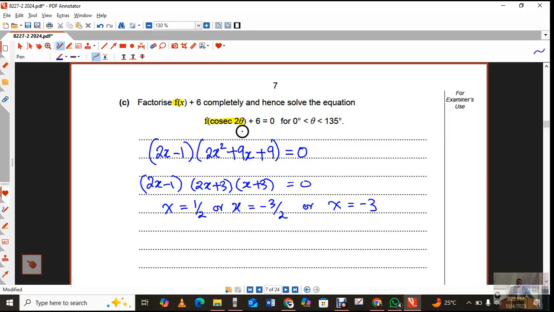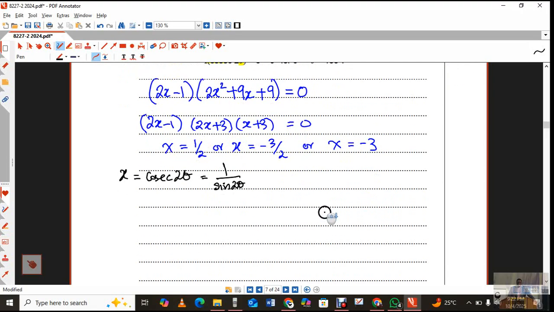If we have a condition where they say that x is equal to cosec 2 theta, which I hope you know is the same as 1 over sine 2 theta, then each one of these roots will have to equal that. Hopefully that makes sense to you now. No?